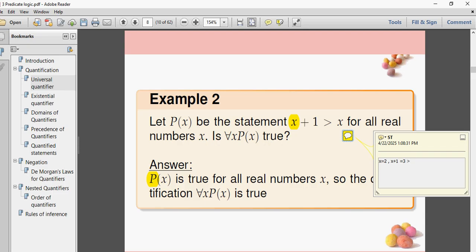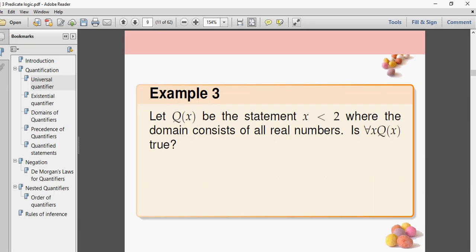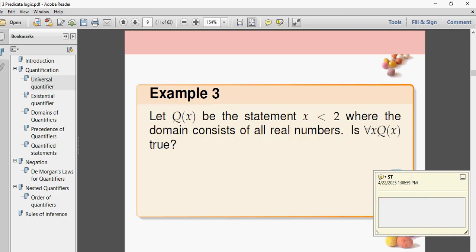According to the statement, 3 is greater than 2, so it's correct. If we return here, it says any real number x is smaller than 2. Let's take x equal to 1: 1 is smaller than 2, so until now it's correct. But if I say x equals 3, then 3 is not less than 2, false.